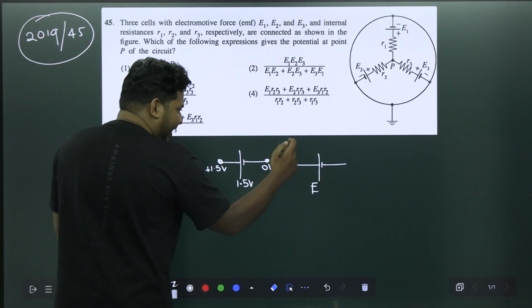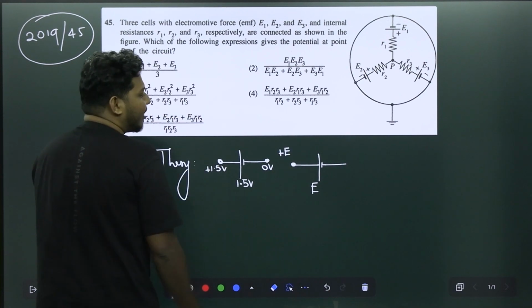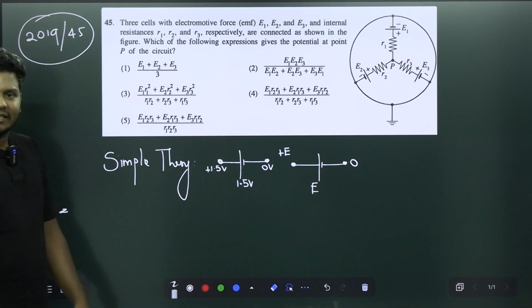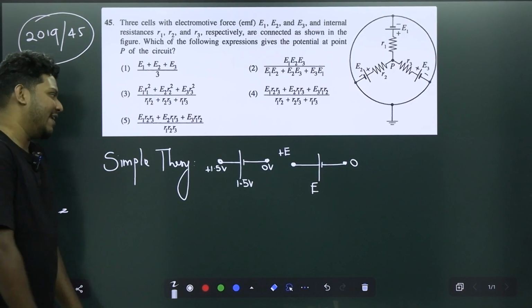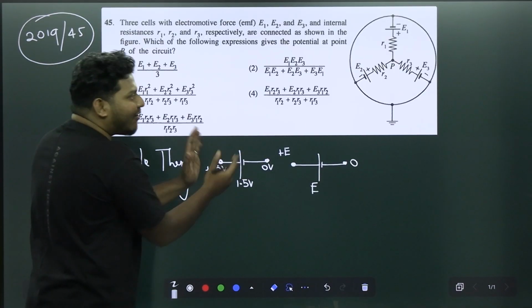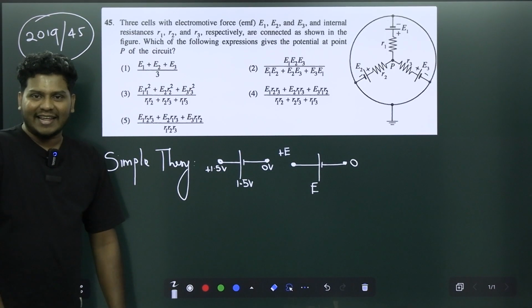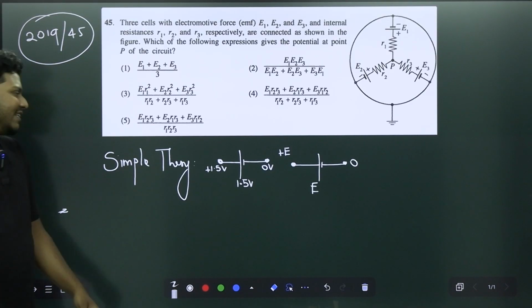If this is E, this one is plus E, and this one is 0. Is this correct? Yeah, this is correct. If you know this theory, you can solve these questions. Okay, let's start how to do it.